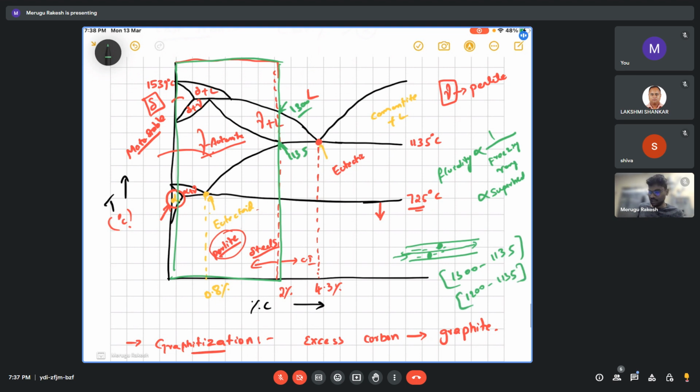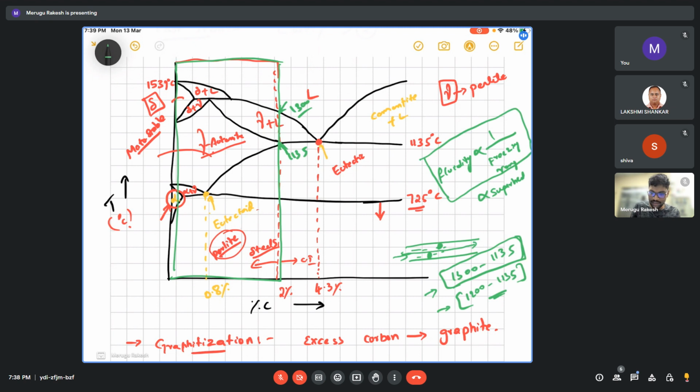Okay, this is the smaller freezing range. In which case will the fluidity be higher? Bottom one, 1200 to 1135. Yes, exactly, because it has less chance of forming solid while flowing into the mold. So that is one of the factors for fluidity as well. You can just remember this: the fluidity is inversely proportional to the freezing range.